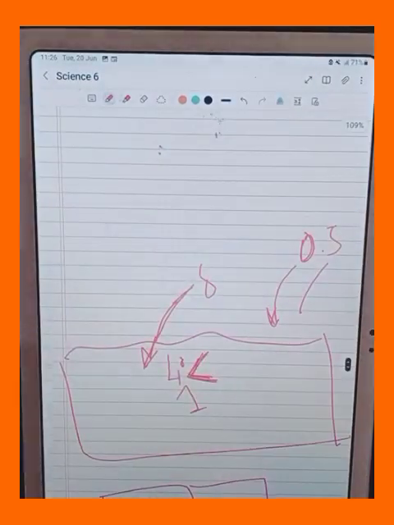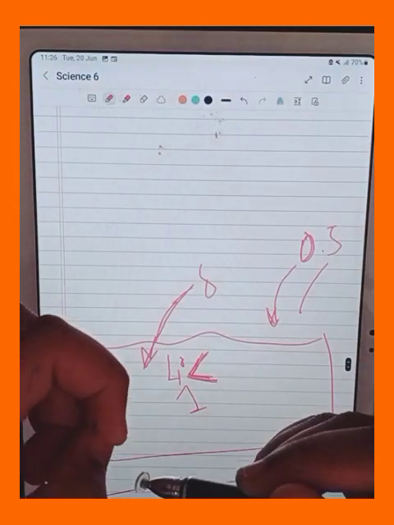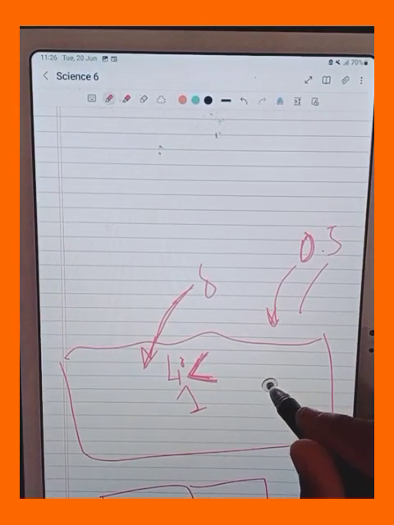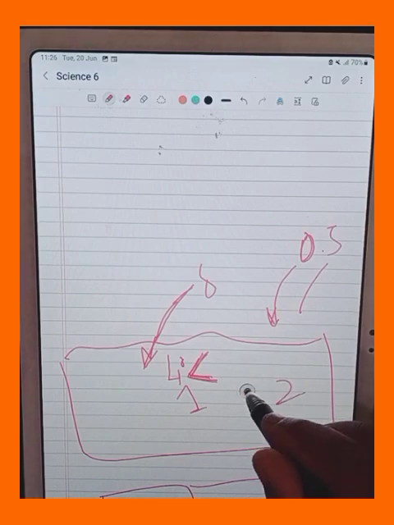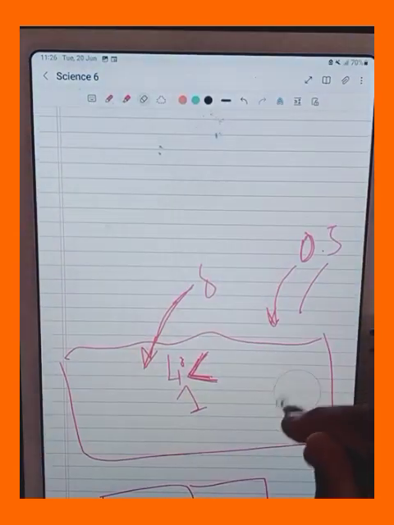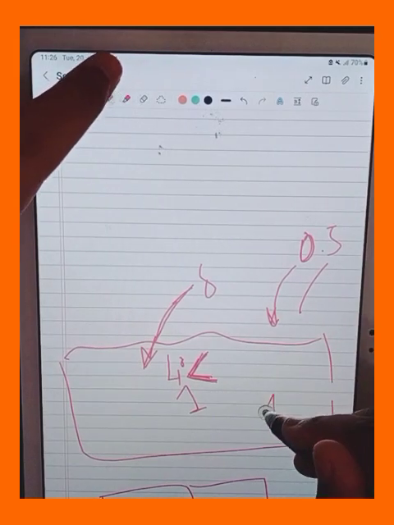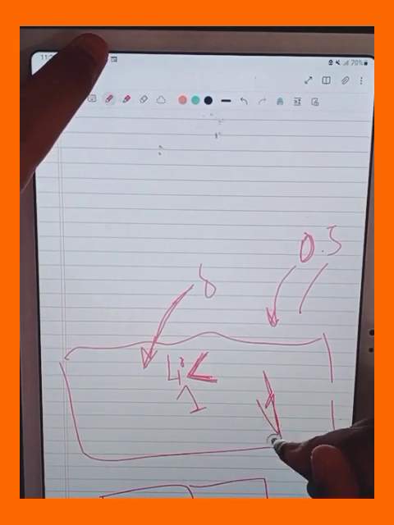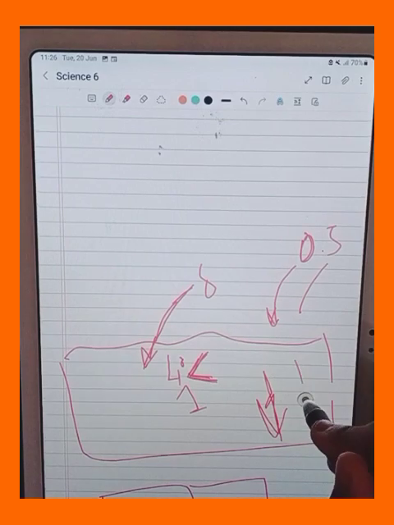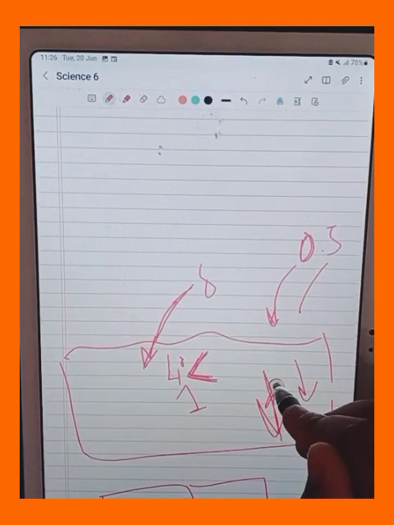So what happens to density? It would decrease. When the temperature is decreased below 4 degrees Celsius, the density will also decrease.